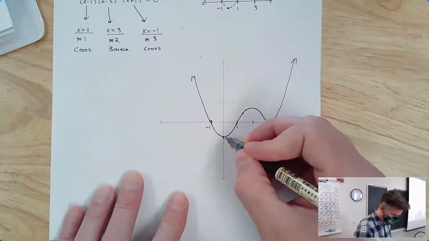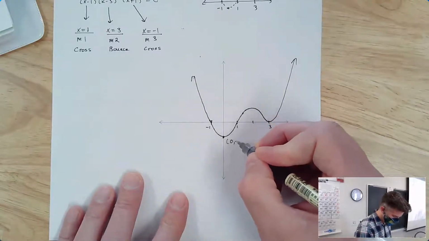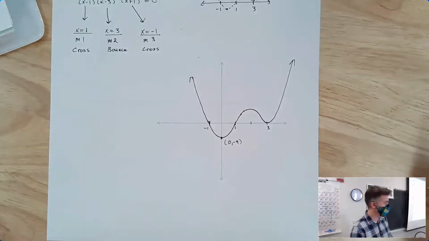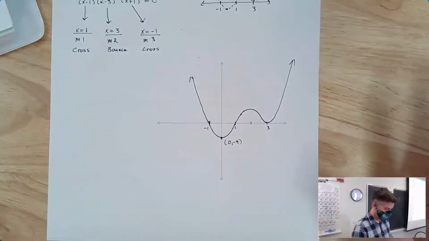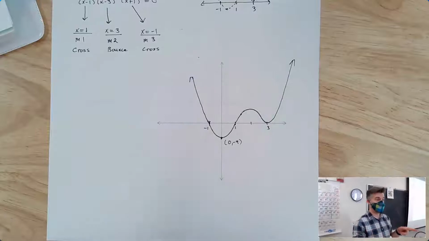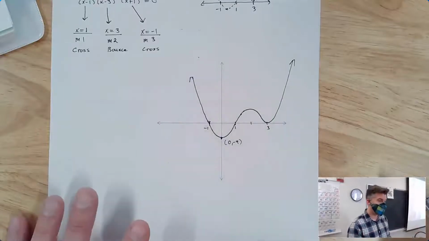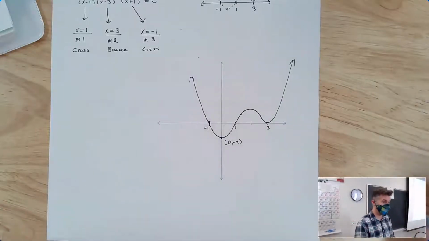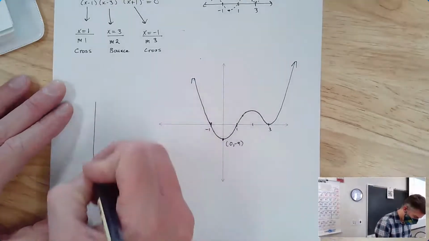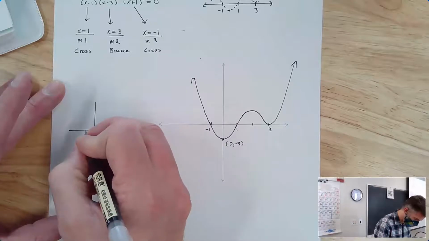So my y scale, maybe not so great. That's okay. It's really okay, because we found the y-intercept, right? When we plugged in 0 for x, we got -9 for y. If I was trying to draw this more precisely, I might have been a little more careful with my starting point.